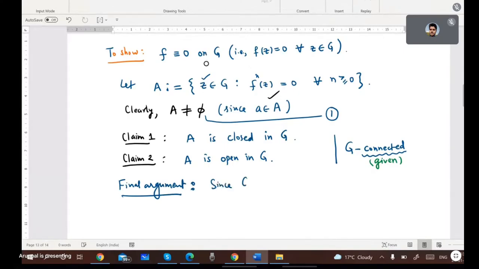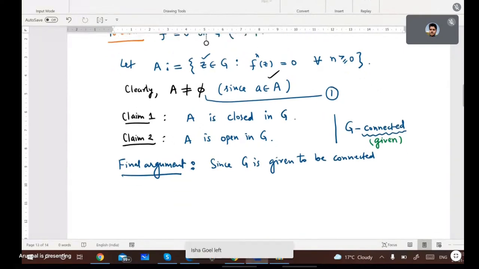Since G is given to be connected, it cannot have a proper nonempty subset which is both open and closed, as I told you just now.